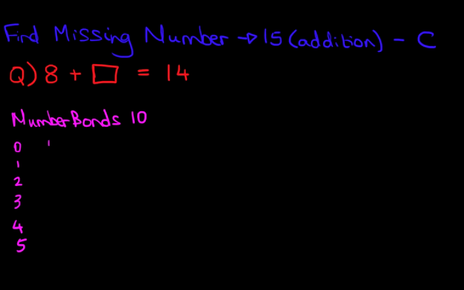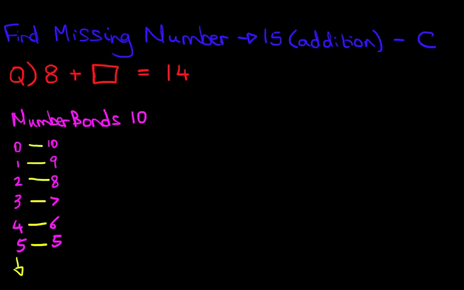On this side we write them in reverse: 10, 9, 8, 7, 6, 5. And let's join them with lines. So 0 plus 10 equals 10, 1 plus 9 equals 10, 2 plus 8 equals 10, and so on. We don't need to carry on down on this side, because the numbers turn out to be the same as the ones we're going up here. So those are the number bonds.